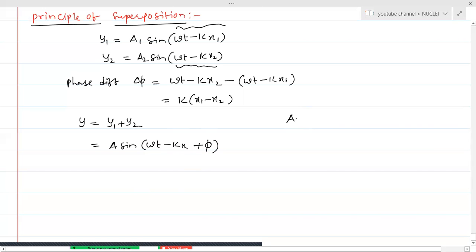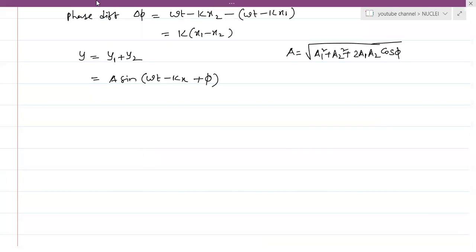We have the amplitude A equivalent to root over A1 square plus A2 square plus 2 A1 A2 cos phi. So this will be the amplitude.